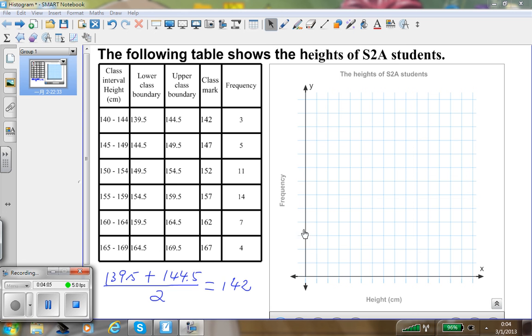For the histogram, we have two axes: one is horizontal and the other is vertical. We use the horizontal axis to represent the height in this case, and the vertical axis is always used to represent the frequency.